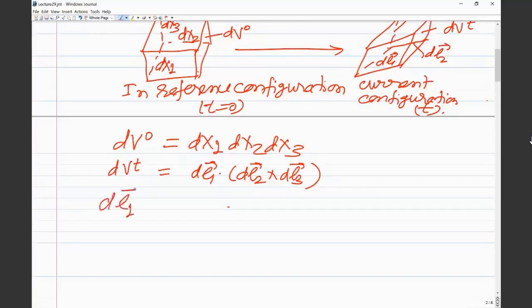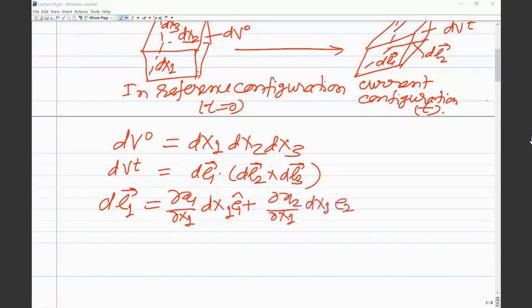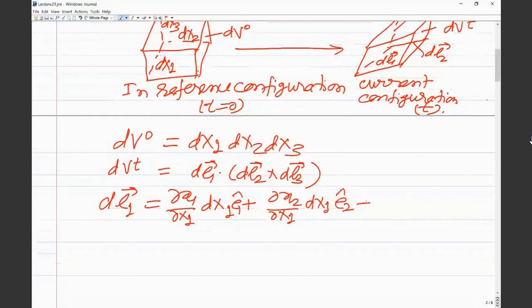Therefore the vector dl1 can be written as del x1 upon del X1 into dX1 along the E1 cap direction, plus the rate of change of x2 with respect to X1 into dX1 along the unit vector E2 cap, plus del x3 upon del X1 into dX1 into E3 cap.